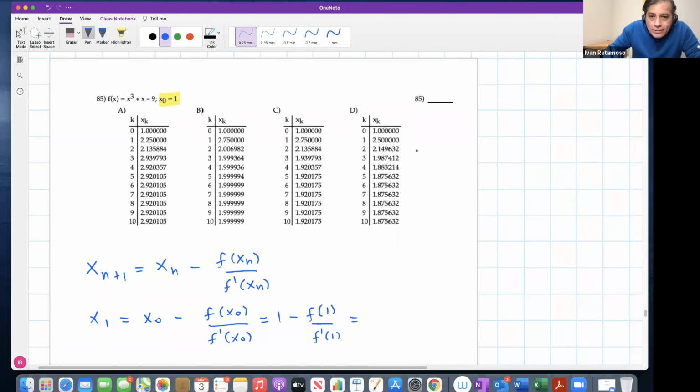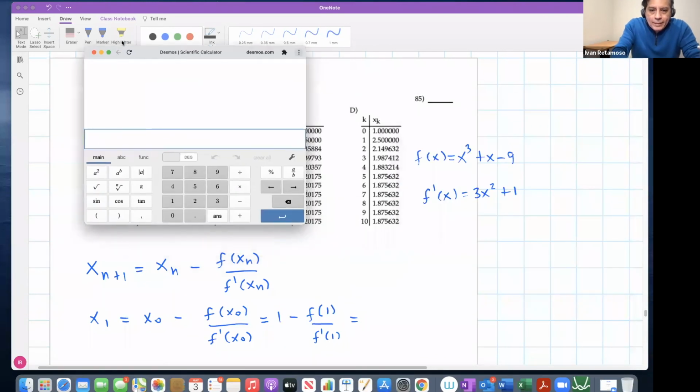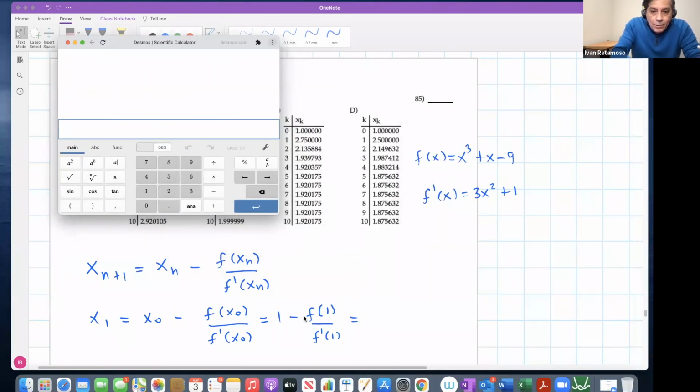Now, the function here is clearly this cubic function, x cubed plus x minus 9. And the derivative of this is simply 3x squared plus 1, right? Now, let's compute this in a calculator. Let's bring our Desmos calculator and do 1 minus the fraction.